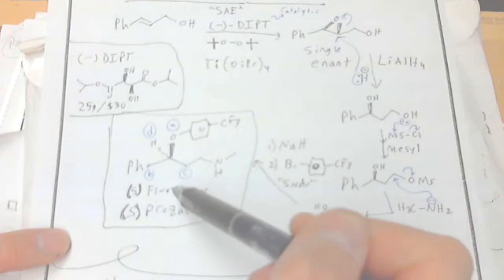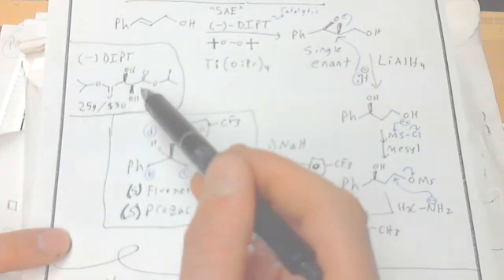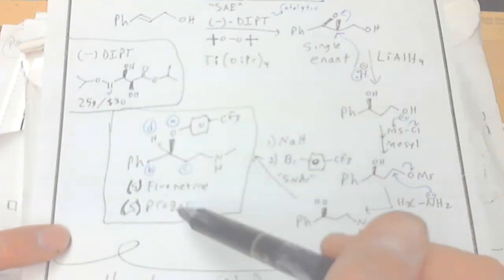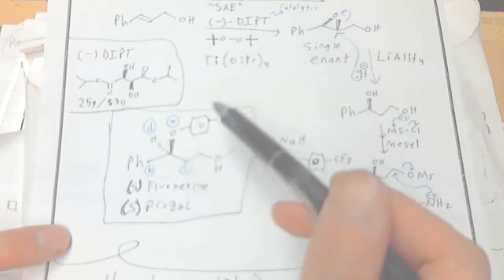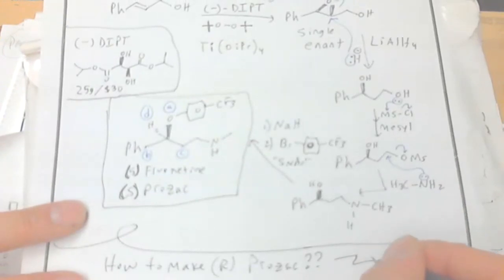That's right. All you got to use is plus DIPT. If minus DIPT leads to the S enantiomer, then plus DIPT, which would just be the two hydroxyls going away, right? That would push all the way forward, and then you get R-Prozac, and the oxygen would go in the back. Yeah, that's pretty logical. Just use plus DIPT.